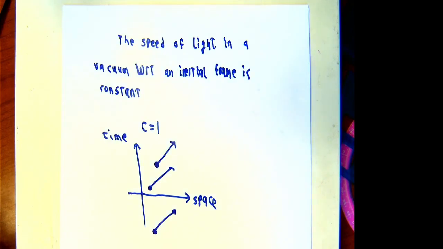Because the speed of light is 1, if someone at some point of space-time were to send a light signal out along their positive space direction, then the derivative of space with respect to time would be 1. The slope of the path in the space-time diagram would be 1.